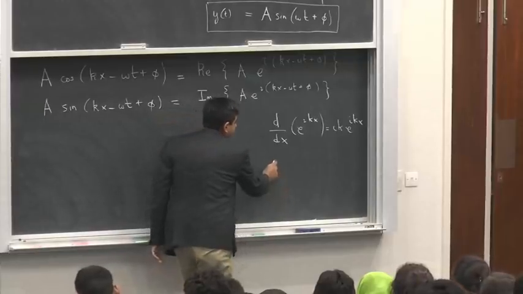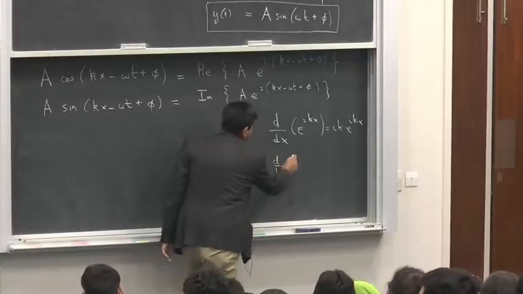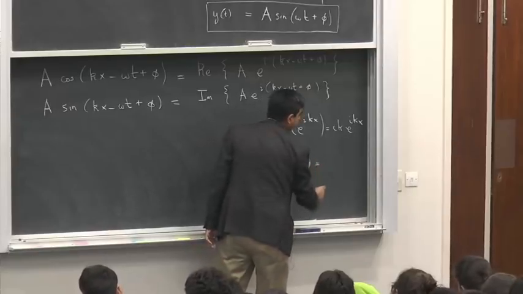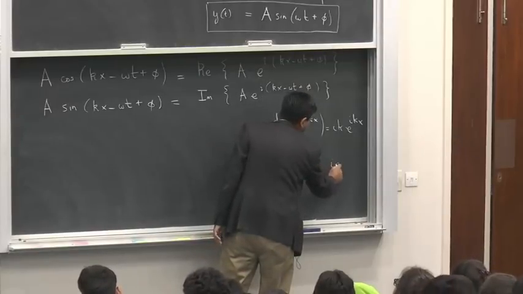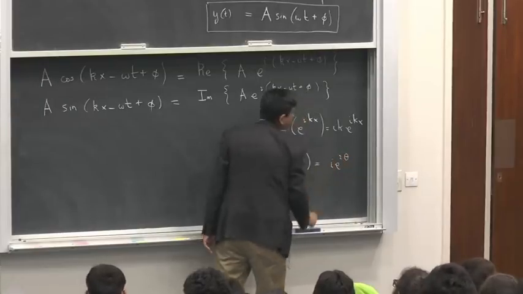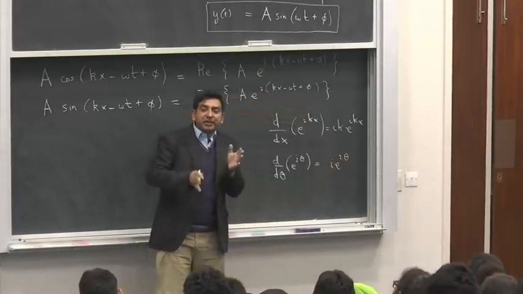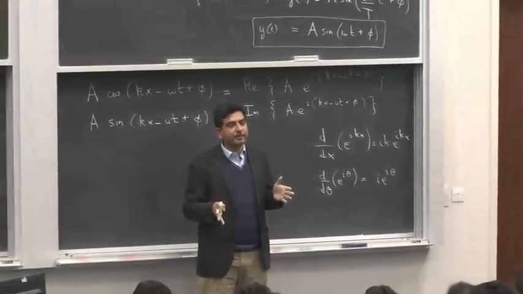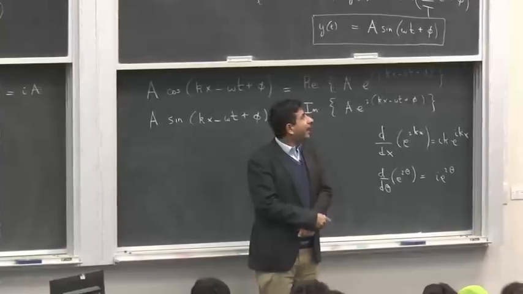Or the derivative with respect to theta of e^(i theta) is i times itself. So it's very easy to manipulate these complex numbers.